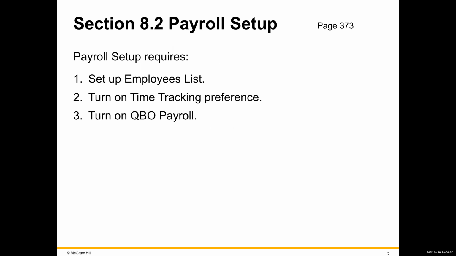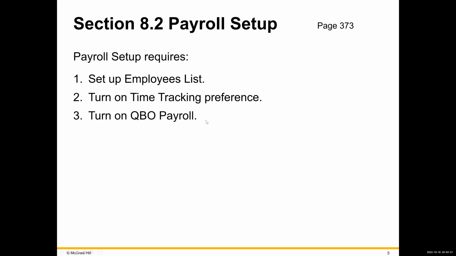Also, how do they get paid? Are they salary? Are they hourly? And those types of things. We're going to learn during payroll setup to turn on our time tracking preferences, which will allow us to track time that we can actually bill to our customers.